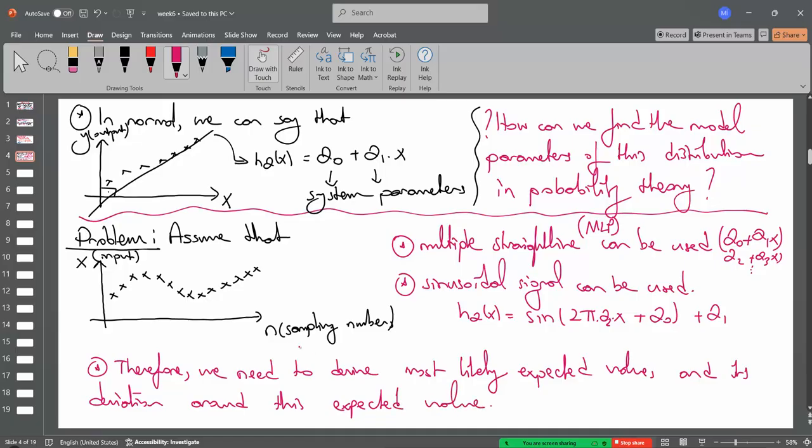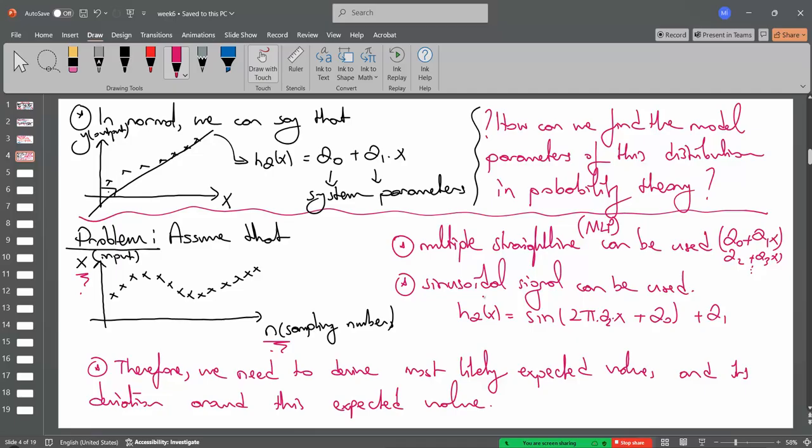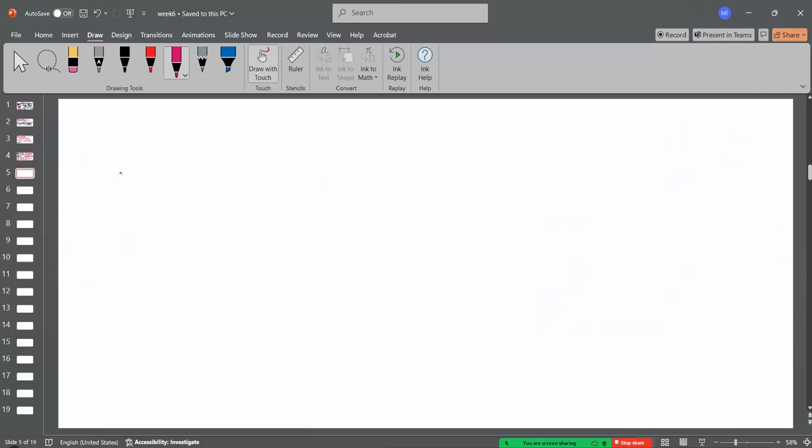Because we have only n and the x values, every data point can have these properties in terms of x and n, and so we need to find out what the expected value is. This is a probabilistic parameter, and also the deviation, and so we can deduce the deviation of these signals in terms of these values. Okay, so how can we solve these problems?